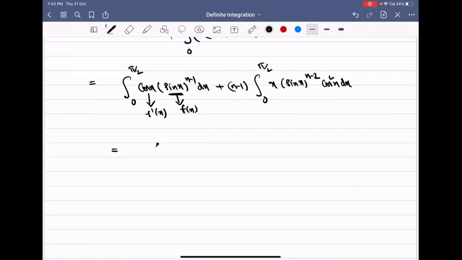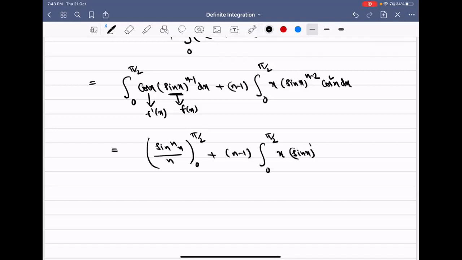Therefore, t square by 2, that is sin x power n minus 1 plus 1 by n, so sin power n x by n, limits are from 0 to pi by 2, plus n minus 1 into integration of 0 to pi by 2 of x into sin x power n minus 2, where cos square x can be written as 1 minus sin square x dx.